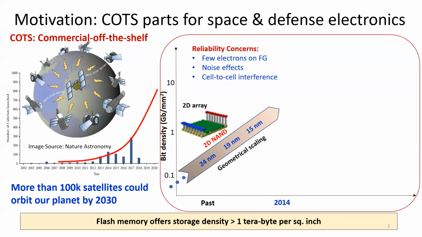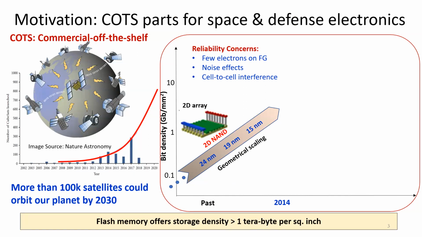So in this chart, let's look at the evolution of flash technology. Before 2014, all flash chips were built with planar 2D NAND technology. And the scaling direction for that technology was shrinking the gate length. After 15 nanometer, the technology's scaling stopped, mainly because the reliability challenges were very, very severe.